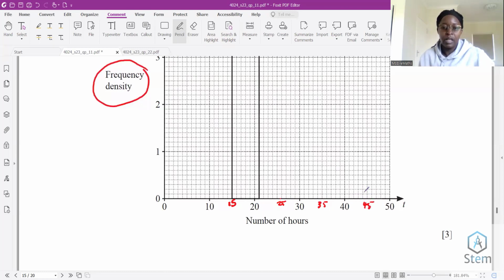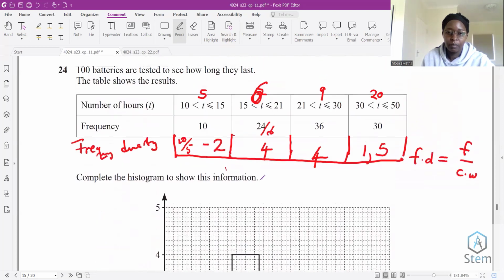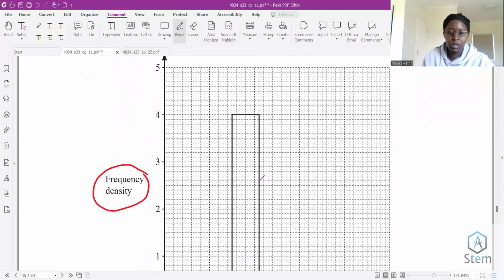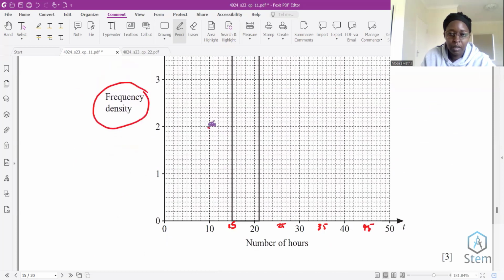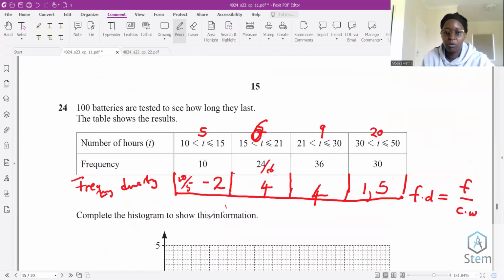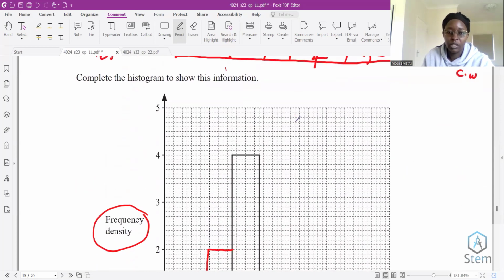So 10 to 15, that's a 2. So we come here and we draw like this, so it's down like this. Then 15 to 20, they've already drawn it for us. It's 4. You can see here it's reaching 4.